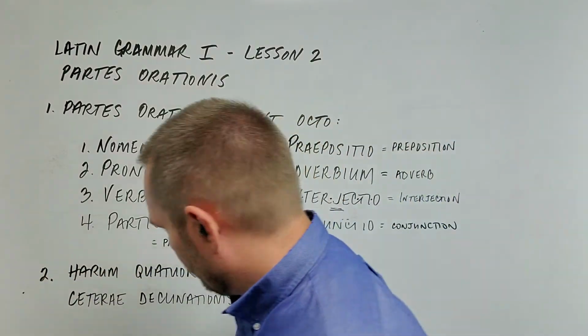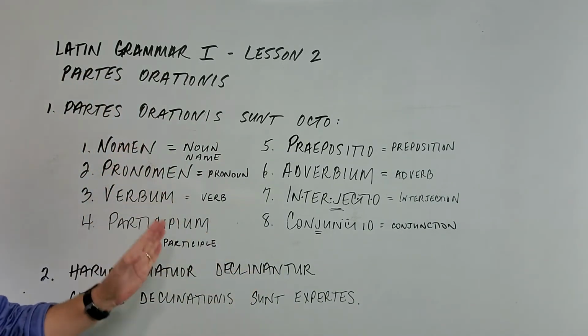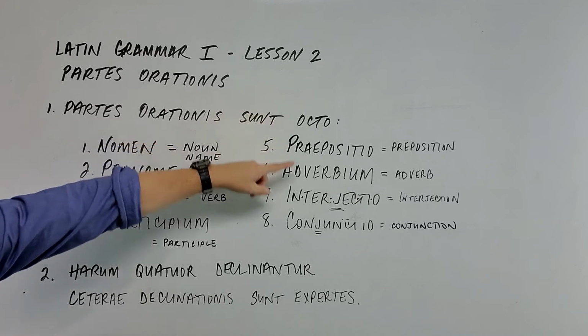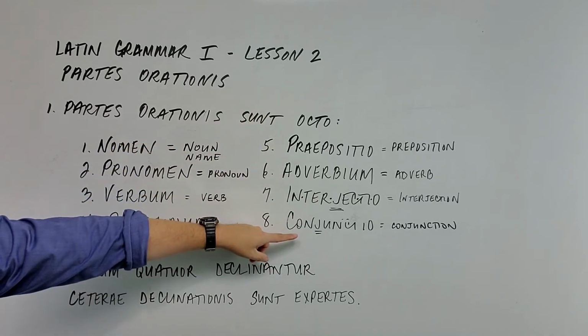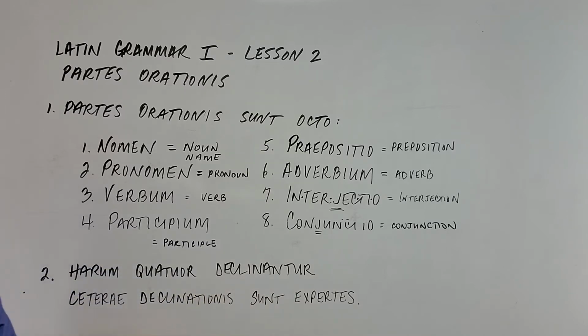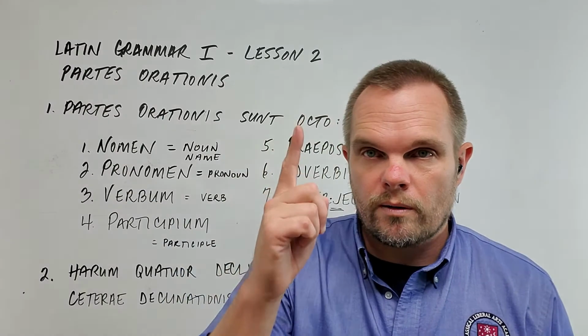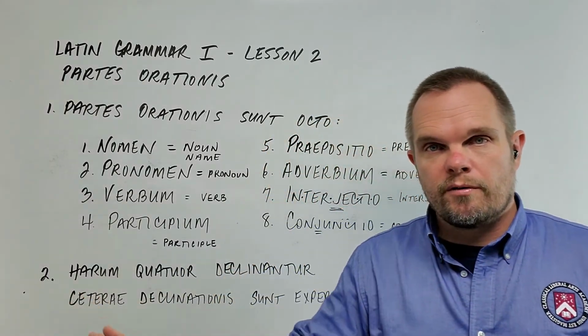Okay, so the first 4 parts of speech, declinantur, are declined. The other 4 parts of speech are free of declension. That means these 4 parts of speech, we learn one word and there are no other forms.